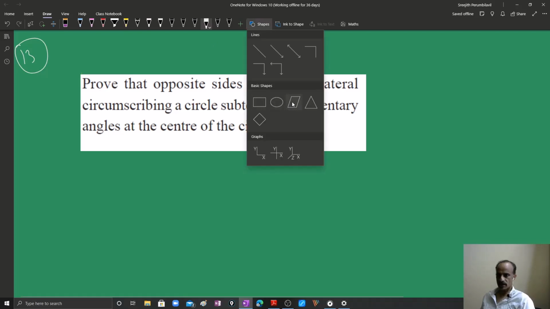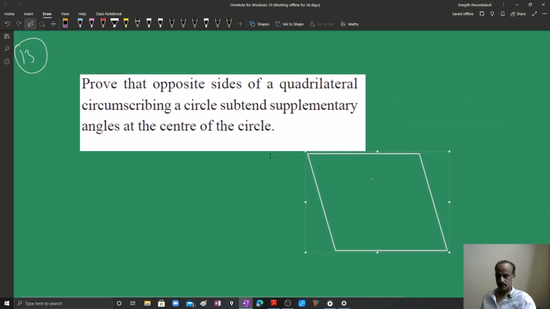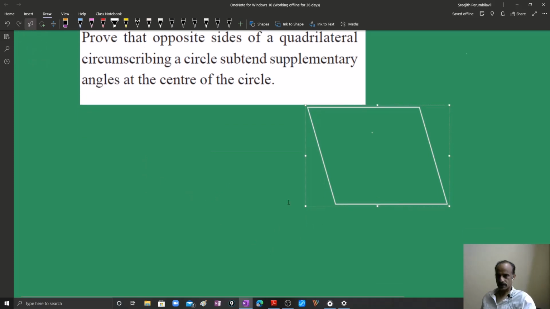So there's a quadrilateral. I'm just taking it as a parallelogram. It's also a quadrilateral. Prove that opposite sides of a quadrilateral circumscribing a circle subtend supplementary angles at the center.